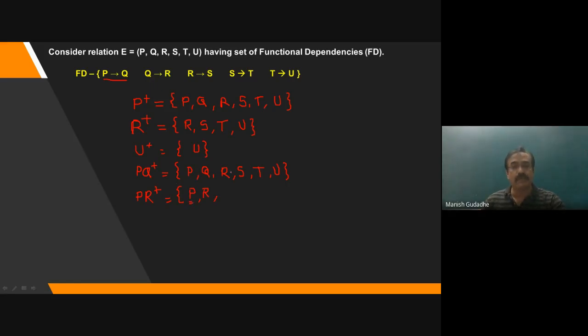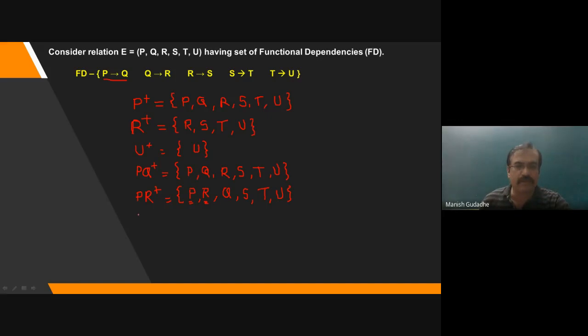P can determine Q. Okay. P can determine Q, no further element. R can determine S. Q can determine R, which is already listed. S can determine T, and T can determine U. So again, PR plus is also determining all the other elements.